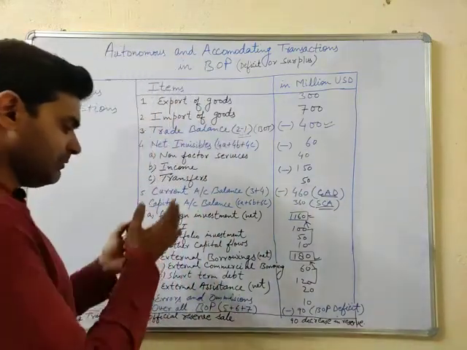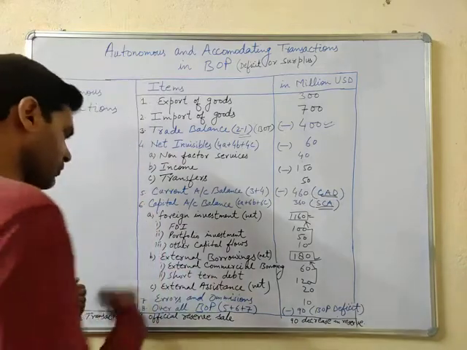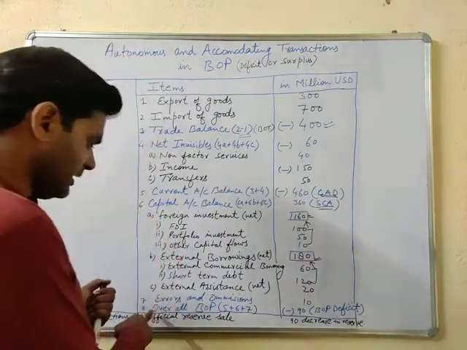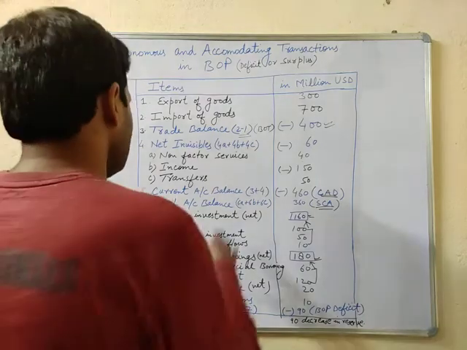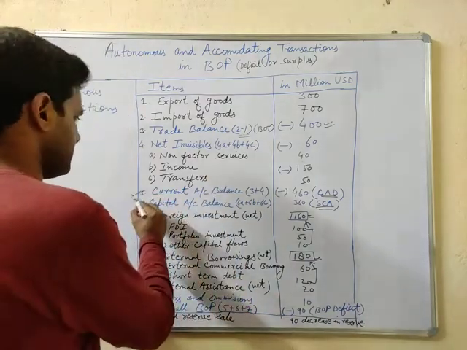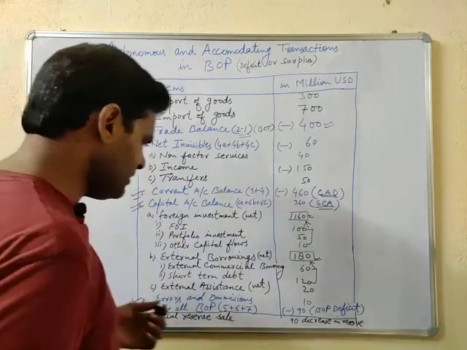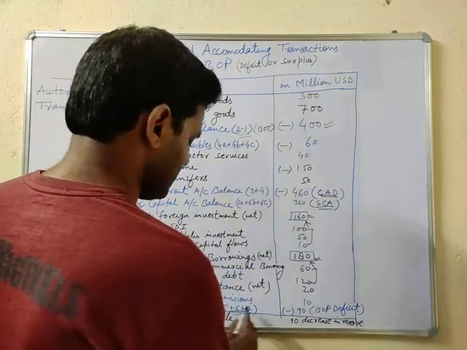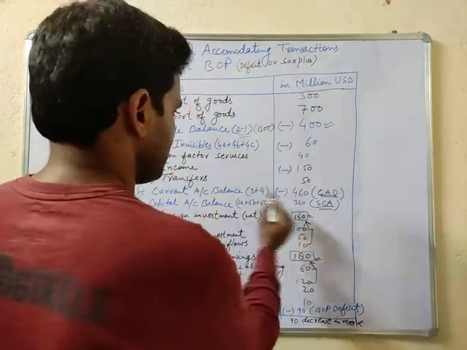So when we balance this balance of payments, overall balance, at point 8 we have written overall BOP, or overall balance of payment, which is the combination of this current account balance, capital account balance and the errors and omissions, 5 plus 6 plus 7. What is the total of current account?